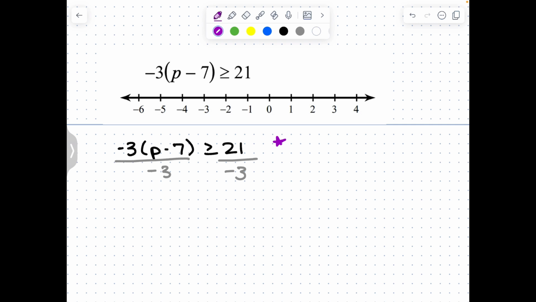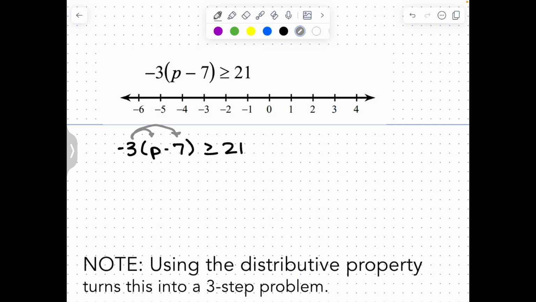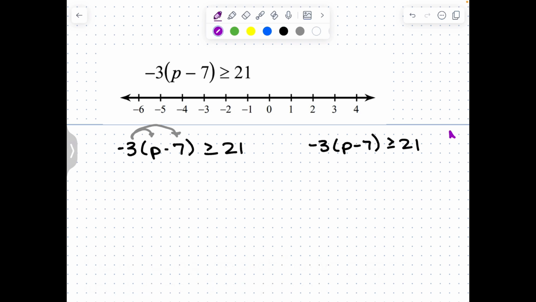The other thing you could do is actually distribute the negative 3. That's more of a simplifying step on the left rather than a solving step on both sides, but both are perfectly valid options. We're going to actually do both. So you see that you do get to the same number as long as you follow that flip the inequality rule.